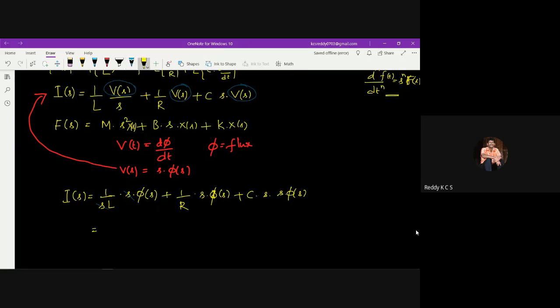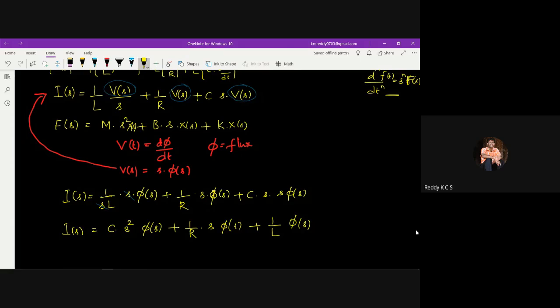Okay, and the remaining equation I can write as, by taking this as the first term because it is in the s square form, I of s is equal to C into s square pi of s, then plus the s term. So here the s term is there. So I can write 1 by R into s into pi of s plus, then these two will be cancelled, so I'll be getting 1 by L into pi of s.